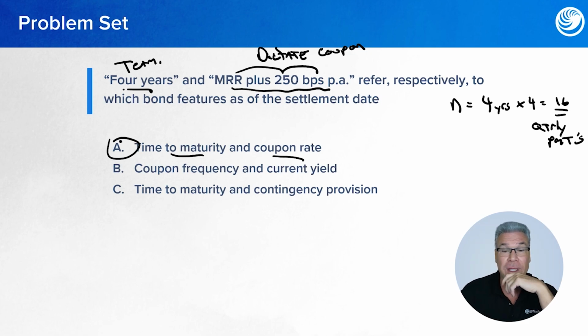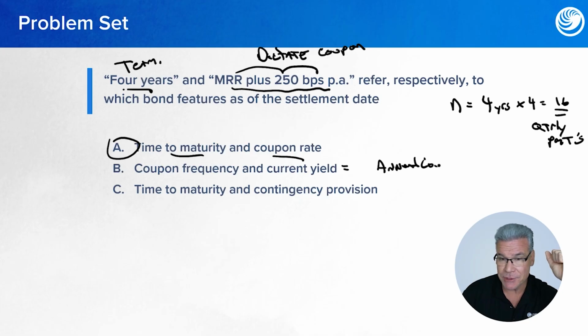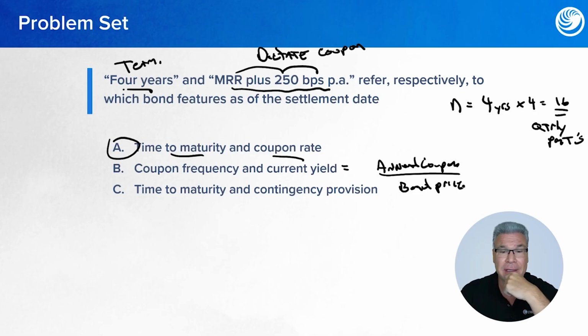The coupon frequency, that was quarterly. That's not stated here, okay? And by the way, what's your current yield? Whatever that annual coupon is, divided by the bond price, you'll see later on, that's how we get that current yield, okay?